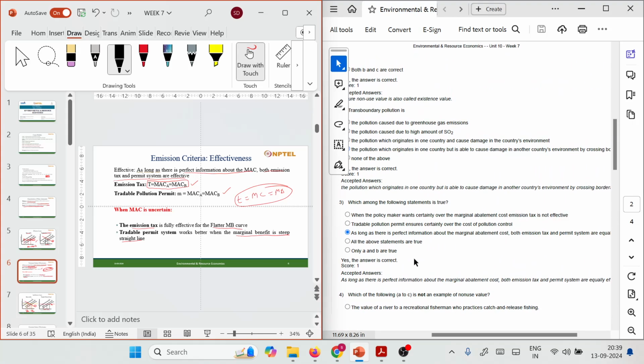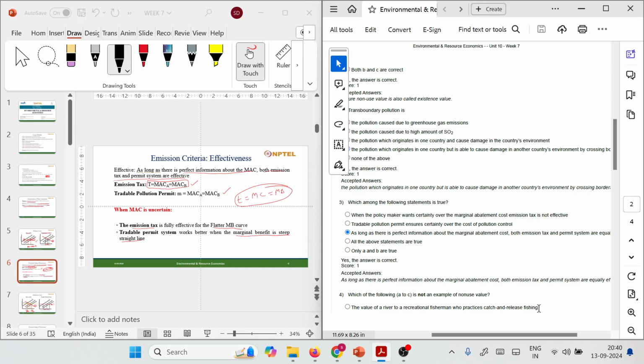Now, which of the following is not an example of non-use value? The first one is the value of a river to a recreational fisherman who practices catch and release fishing, right? Here the fisherman is catching and releasing the fish, so we can say that this is use value.